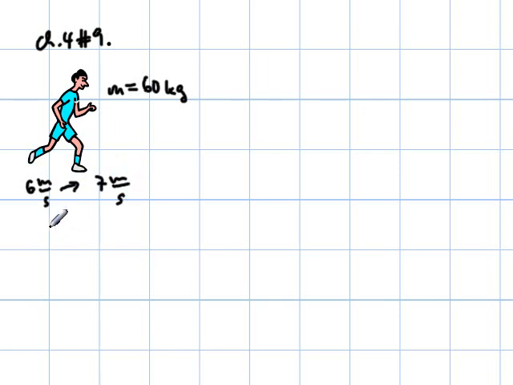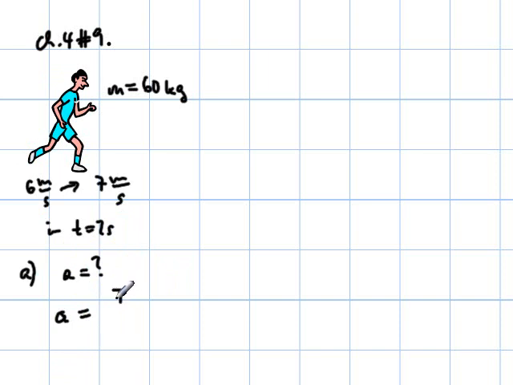Oh yeah, and it says in 2 seconds. t equals 2 seconds. So they're asking in part A, what is the acceleration? Well, from a previous chapter we know that the acceleration is change in velocity over the time interval.